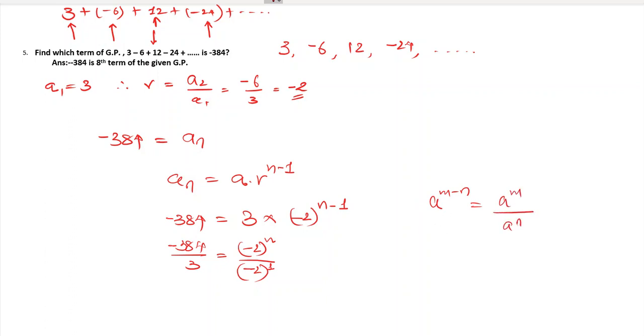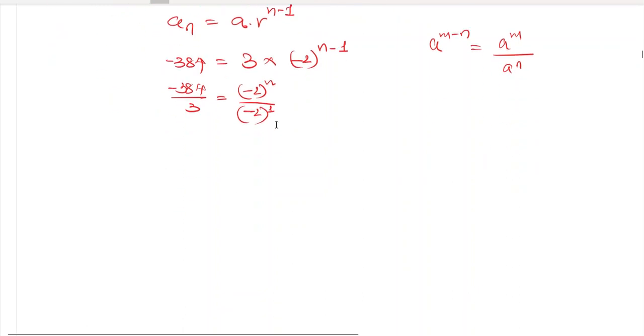And that's how I've got this. Okay, let's solve this. So this will be minus 128. Minus 128 is equal to minus 2 raised to n upon minus 2 raised to 1, which is minus 2.